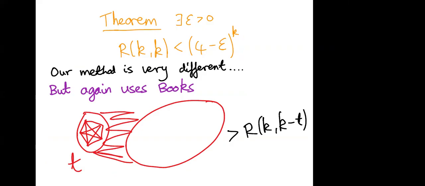And then we call that a red book. If you can do this in such a way that the set of vertices here is still at least R(K, K minus T), then you are done. Because either you find a blue clique of size K in here, and then you're done in blue, or you find a red clique of size K minus T in here, and together with the other side of the book, you're done.